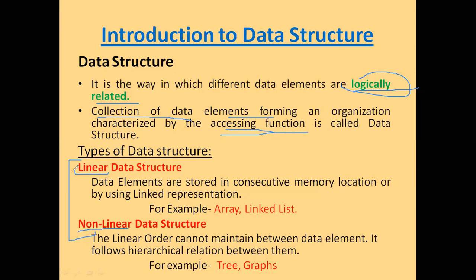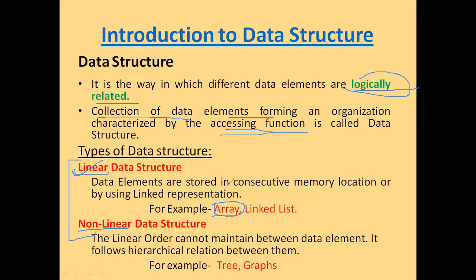Now, what do you mean by linear data structure? We have already done arrays in 11th standard, this concept in C++. An array is a collection of the same type of elements which are stored in a consecutive manner.